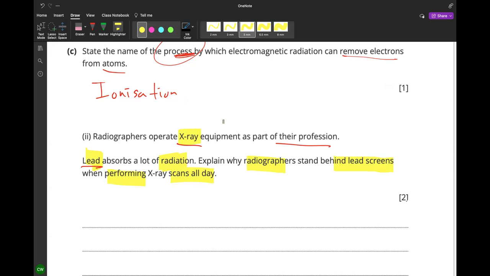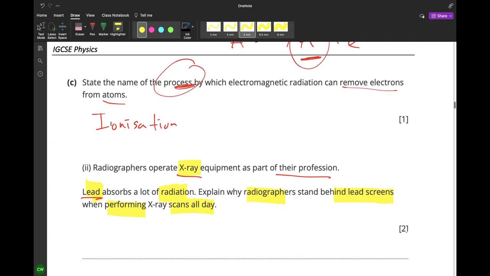Damage a healthy cell. How? By ionization. Just like an apple. When you cut the apple and don't eat it, what happens to the apple? It oxidizes, right?